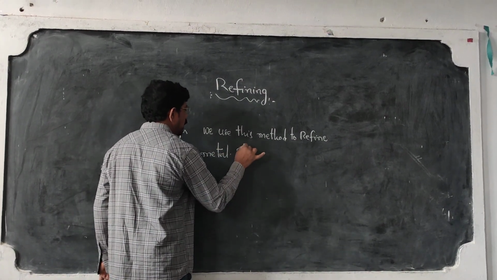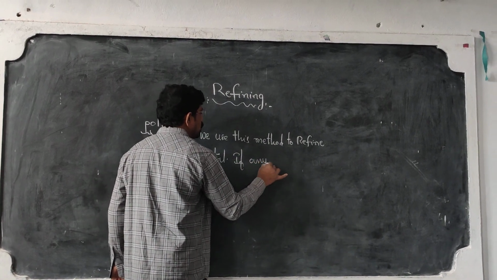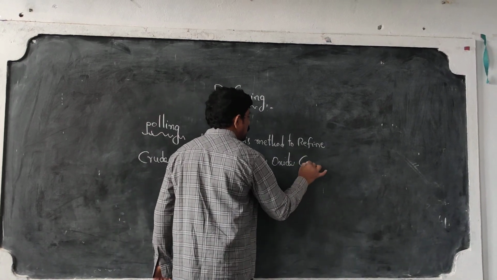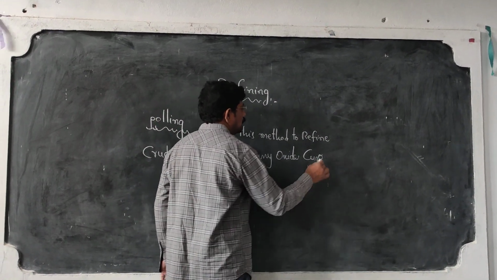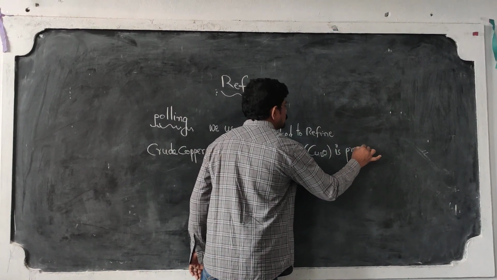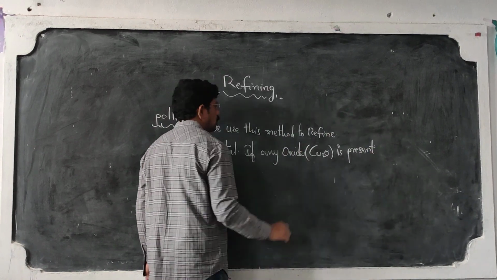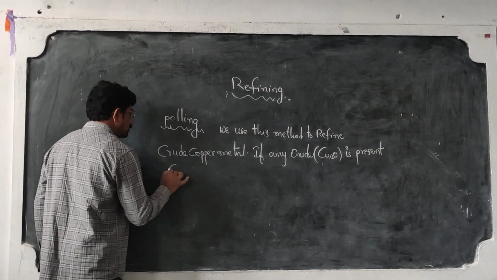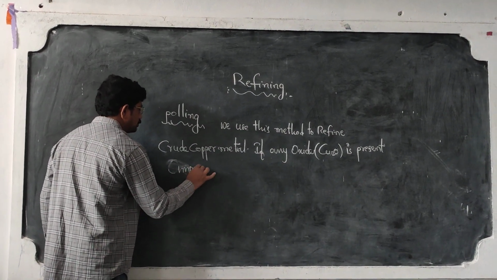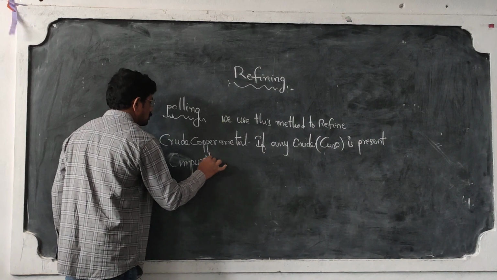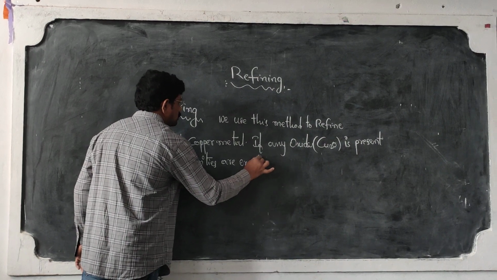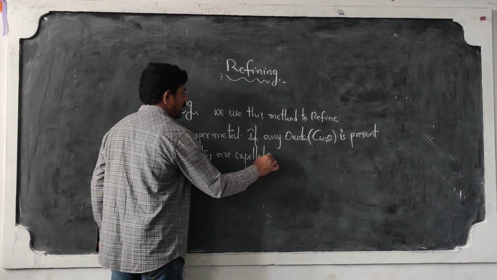If any oxide is present, like cuprous oxide, the oxygen is expelled, that is, the impurities are expelled as gases.